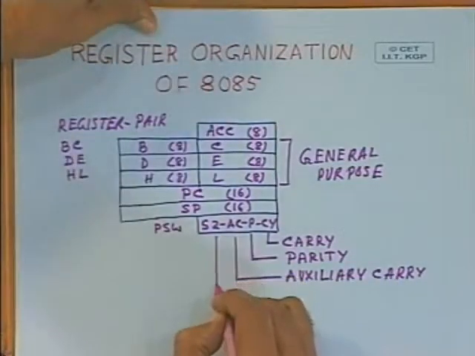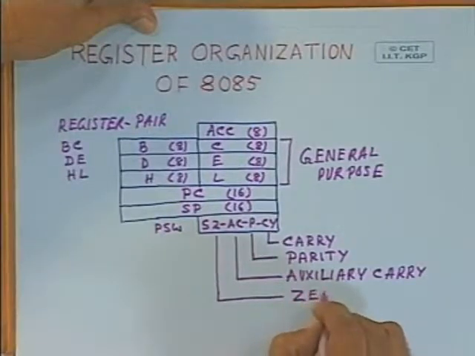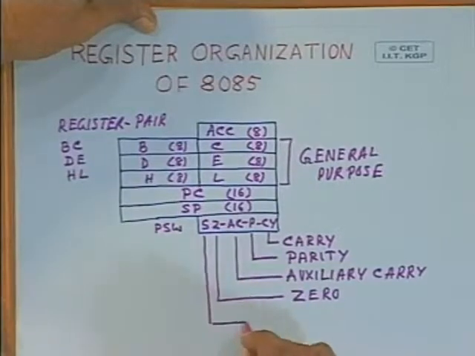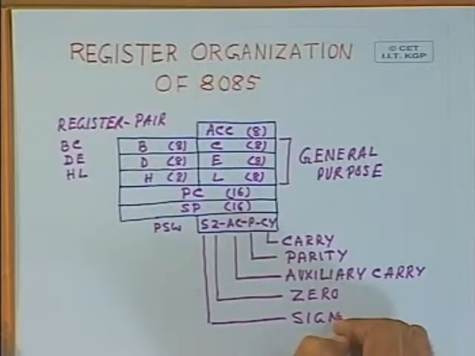And then you have got Z, whether the result is 0 or not. And S stands for sign. What is the sign of the result, whether it is positive or negative? If it is positive, the most significant bit of the output of the accumulator will be 0. If it is negative, that most significant bit will be 1. That is reflected by this sign flag bit.